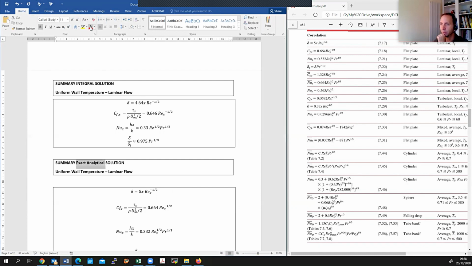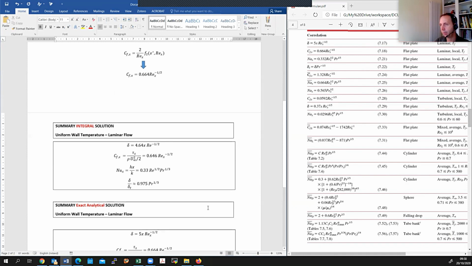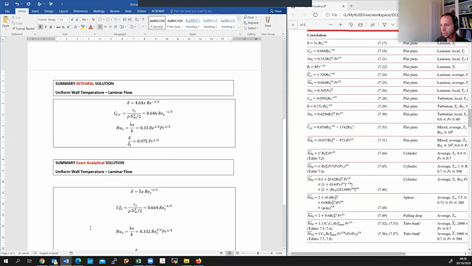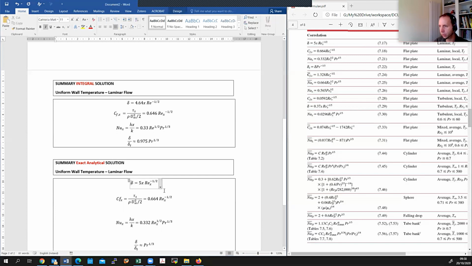So that's the difference between these two. One is an approximation, and this one is the exact solution. Exact analytical means derived from the exact equation, and in fact it's derived from the governing equation. So the way these solutions are obtained is from the exact.